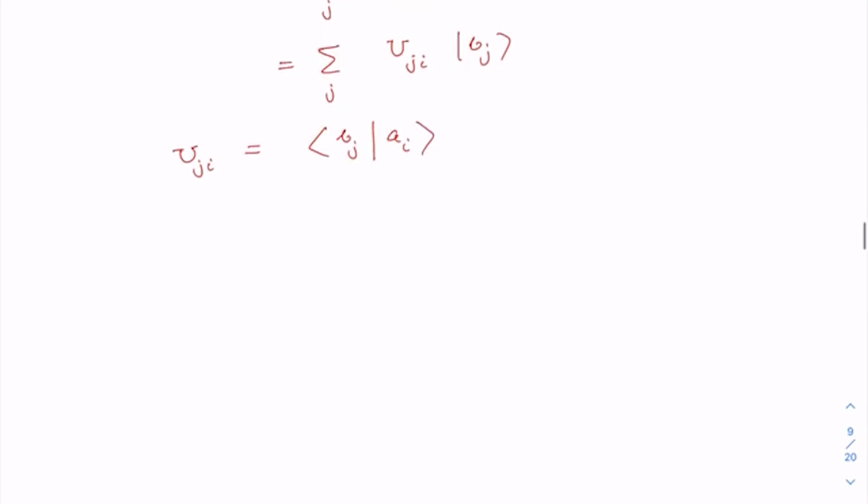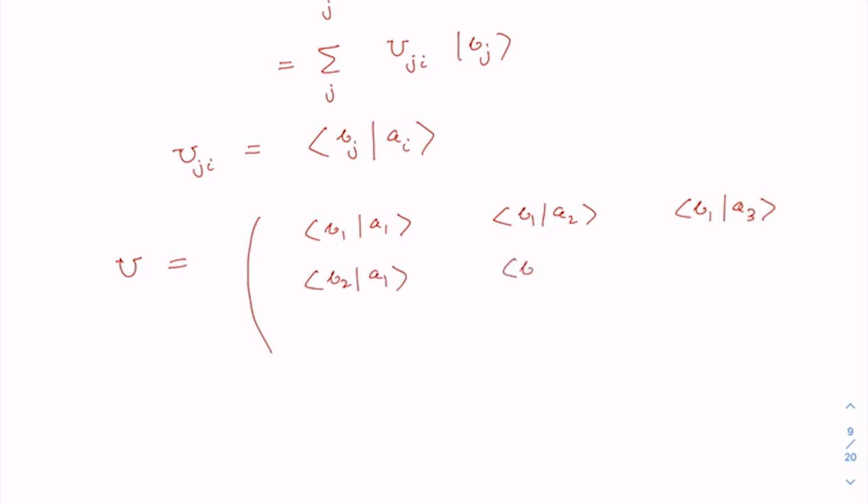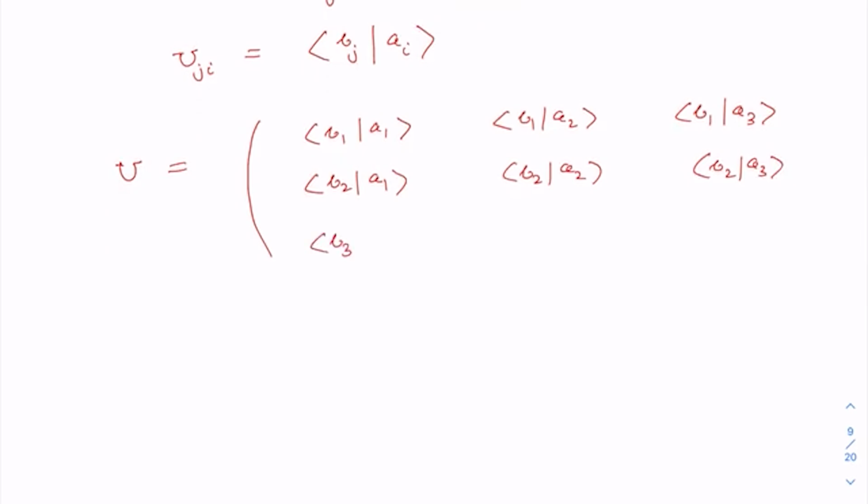So therefore the matrix U of transformation would be b1 a1, b1 a2, b1 a3. Here you will have b2 a1, b2 a2, b2 a3, b3 a1, b3 a2 and b3 a3.